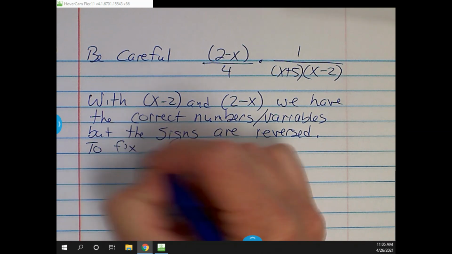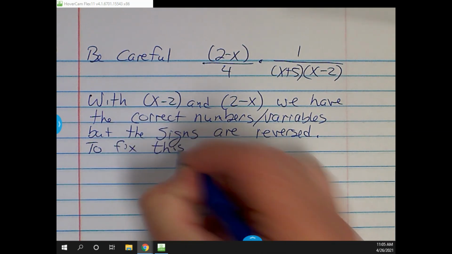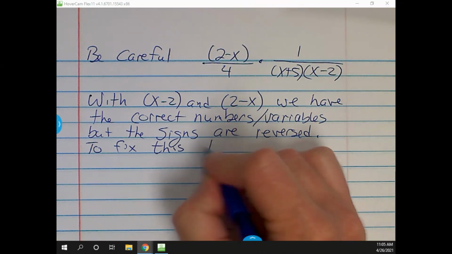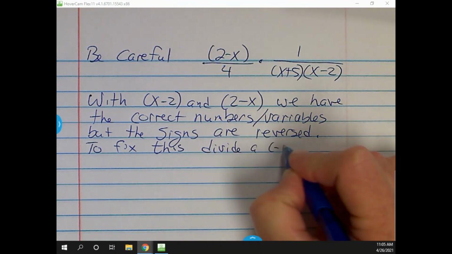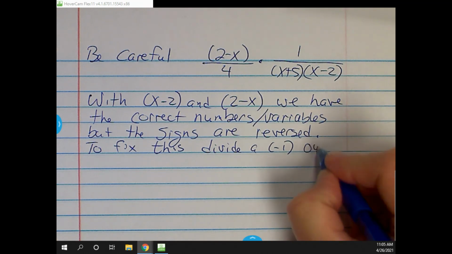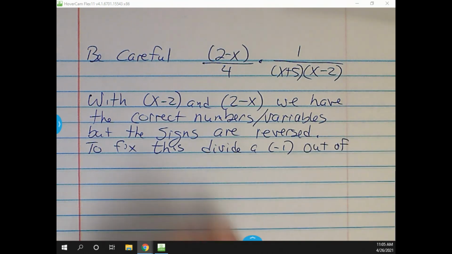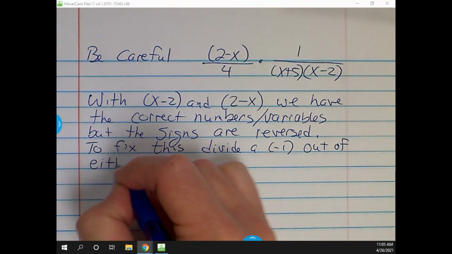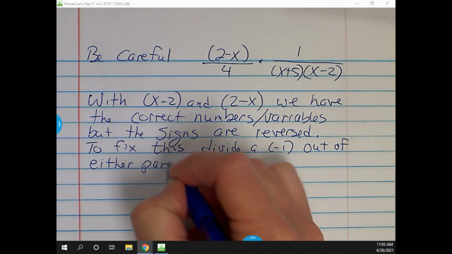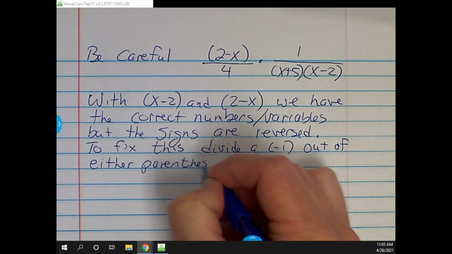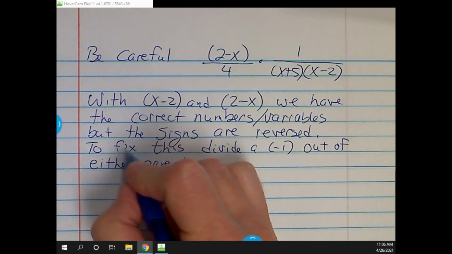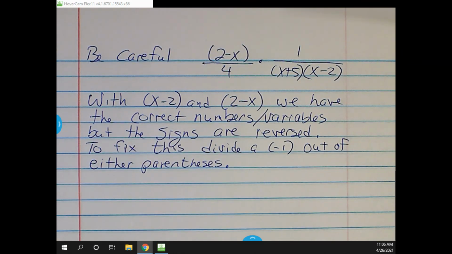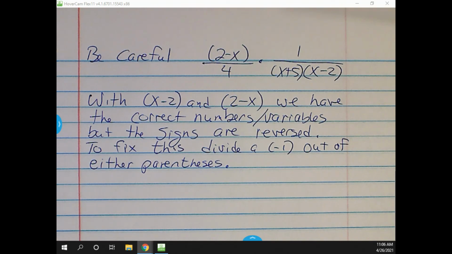We'll just say to fix this, we're going to divide by a negative 1. The way we're going to fix this is, it's almost like we're taking out the greatest common factor of negative 1.